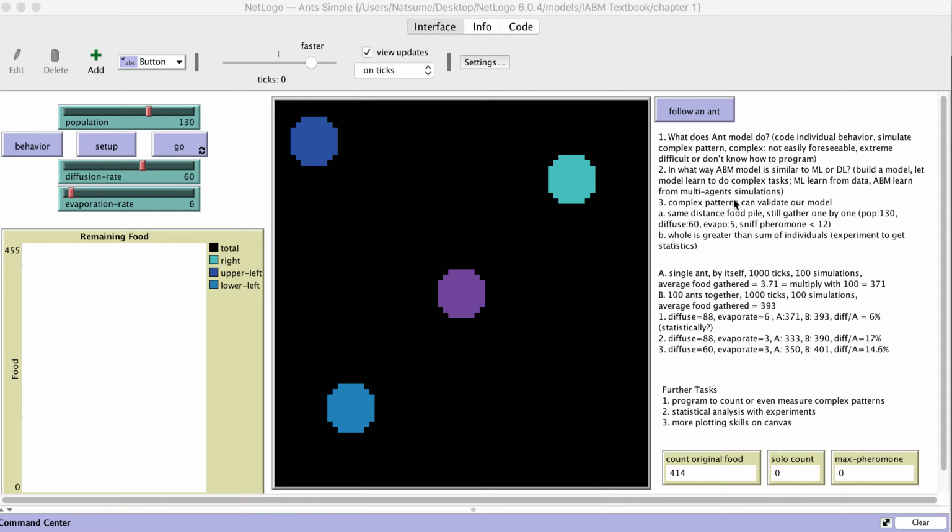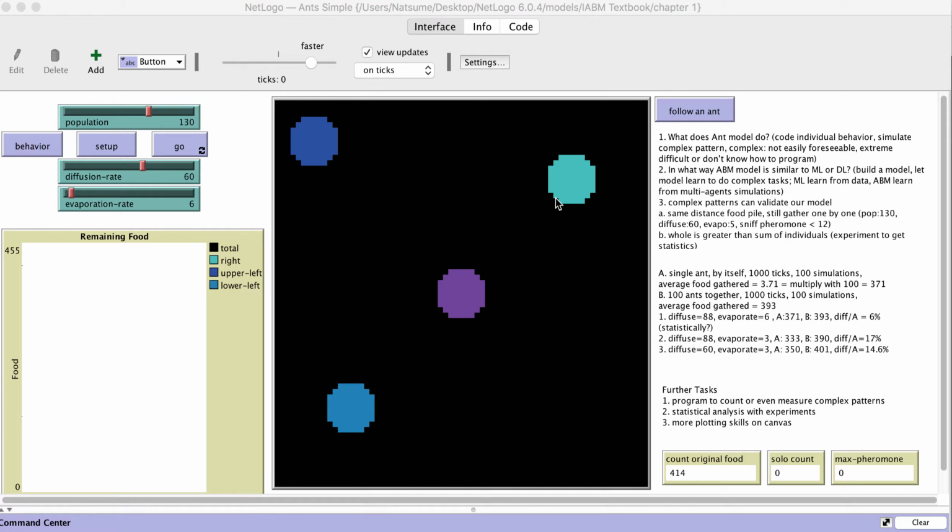Basically, this model tries to code up individual ants' behavior, and then we create many ants. For example, we can create 130 ants and ask them to behave in the same way, following the same rules.